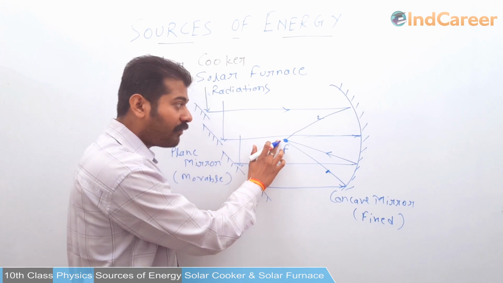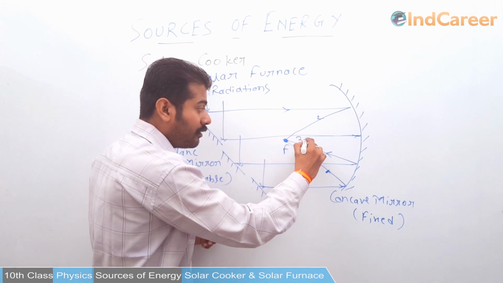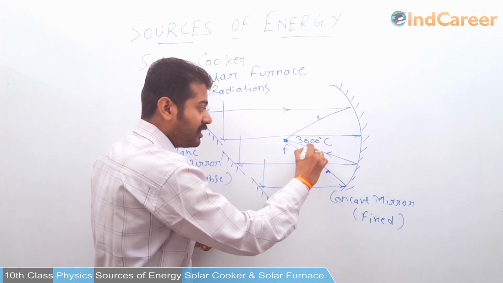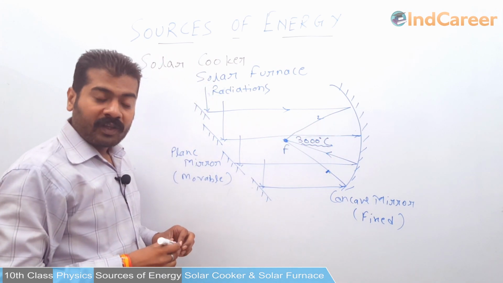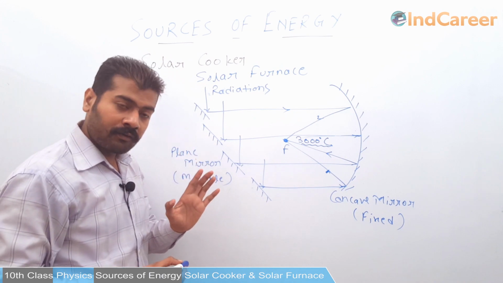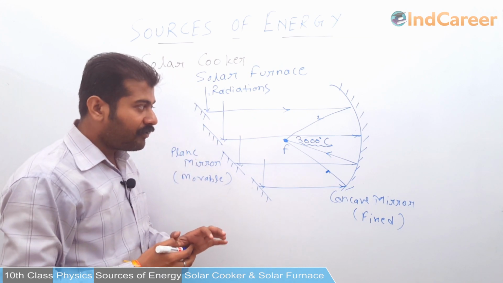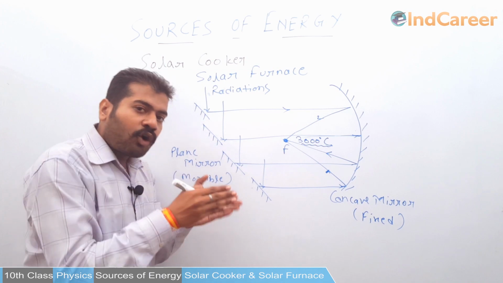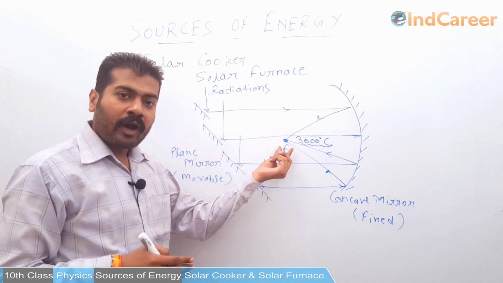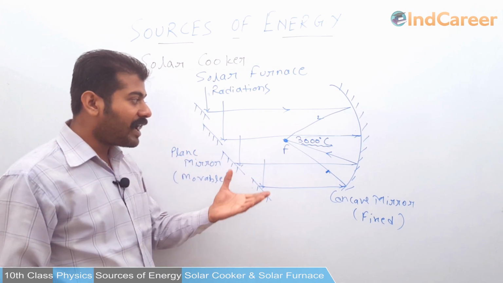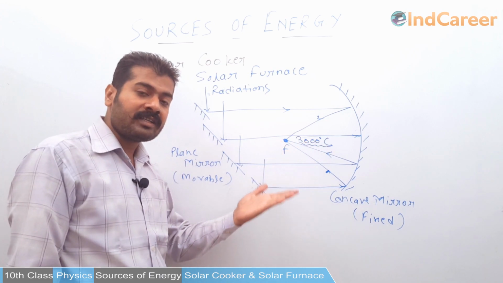The temperature of the furnace at this point is about 3000 degrees Celsius. In the solar cooker it was only 140 degrees Celsius, but if we converge all the solar radiations at a particular point, the temperature will be as high as 3000 degrees Celsius.